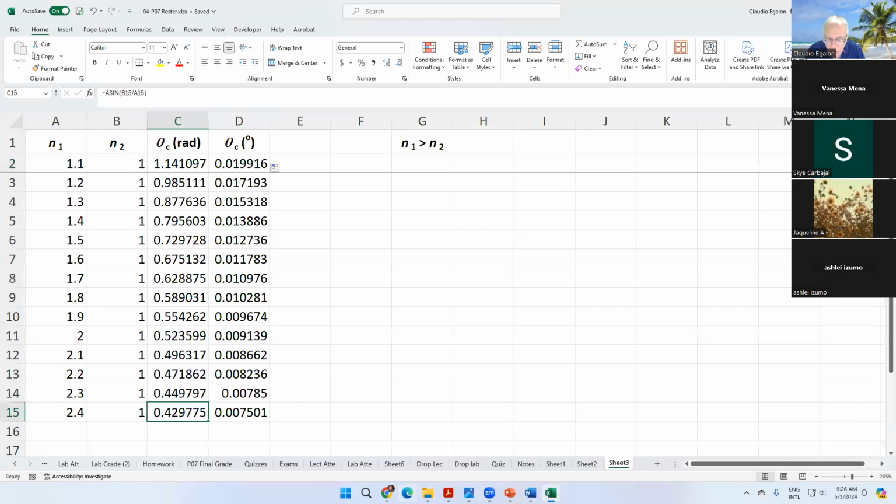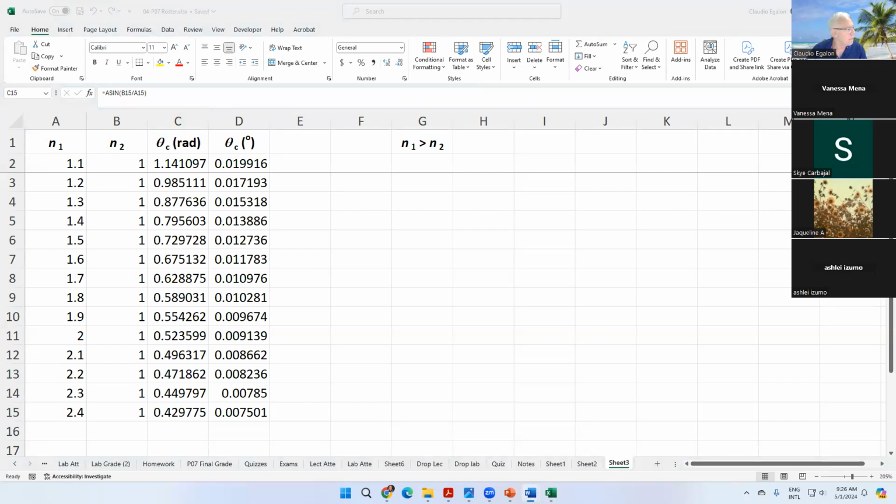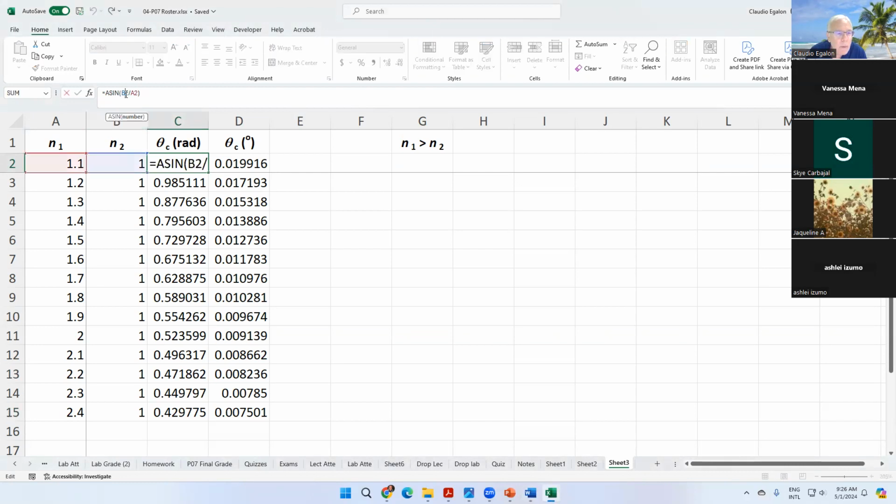Sine of incidence over N1. Let me see the over N1. Yeah. Okay, so that's it.